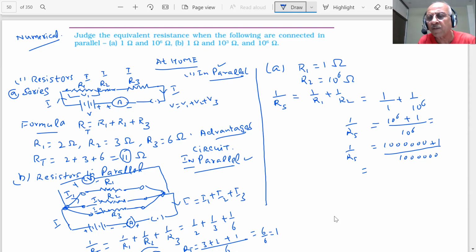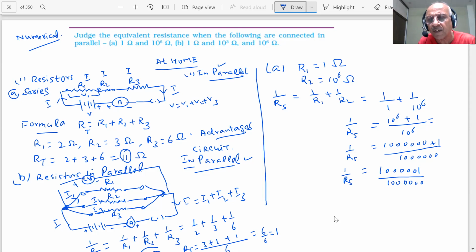If I add 1 to this, what will it be? 1,000,001, divided by 10 power 6, students.